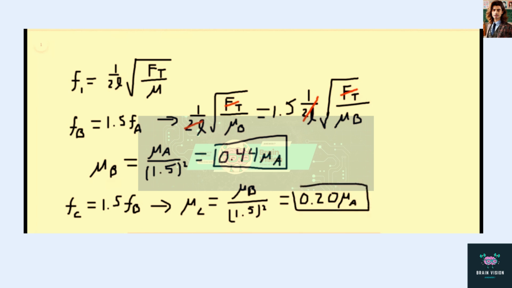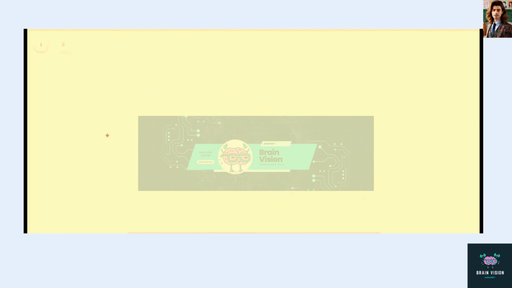And then for the last one, again, we have Fd equal to 1.5 times its neighbor, which is the frequency of C. Using the exact same logic, we end up with mu d equal to mu c divided by 1.5 squared.